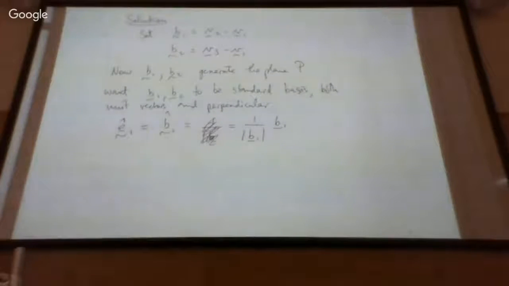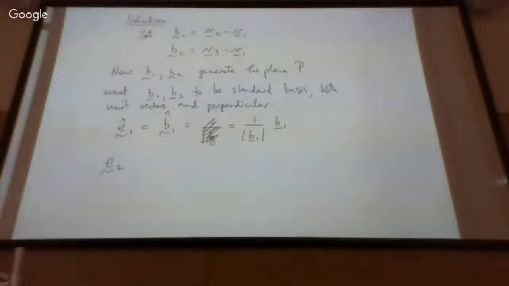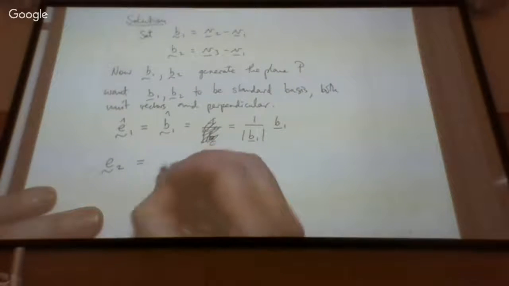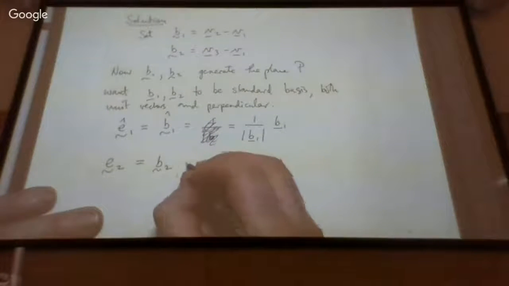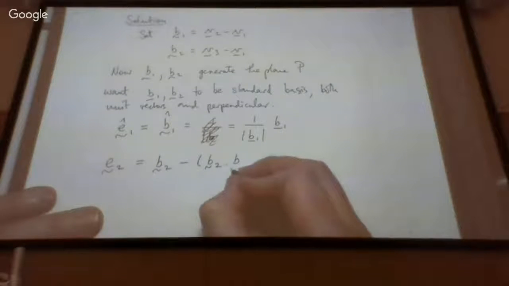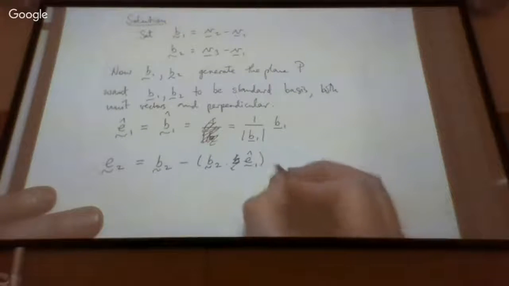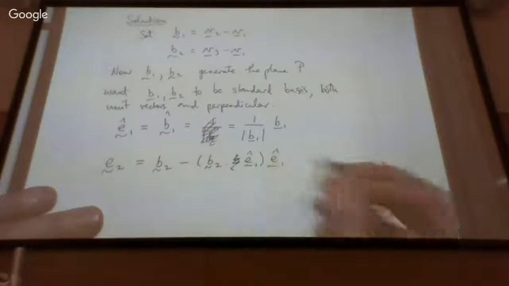Let's call that unit vector e1 hat. Then I can make a vector e2 which is perpendicular to b1 by taking vector b2 but subtracting from it the component of b2 that's in the direction e1 hat, times e1.